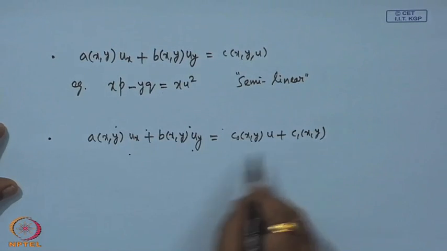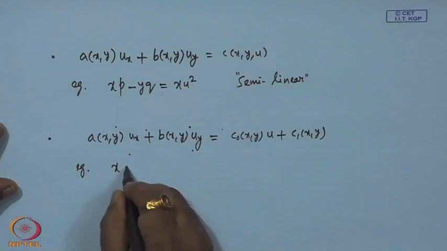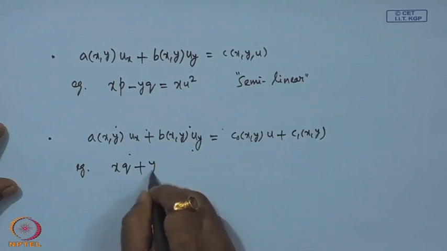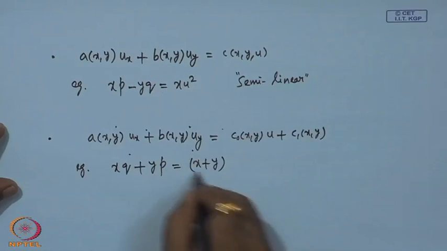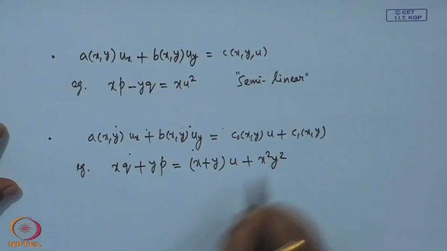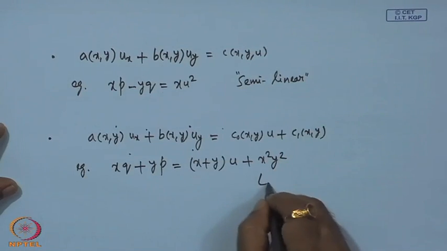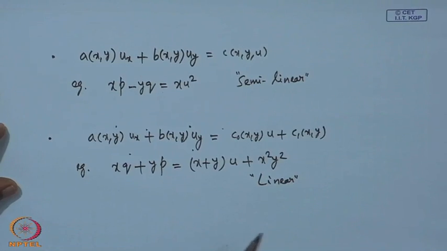For example, if it is of this form, say, so, this is linear.